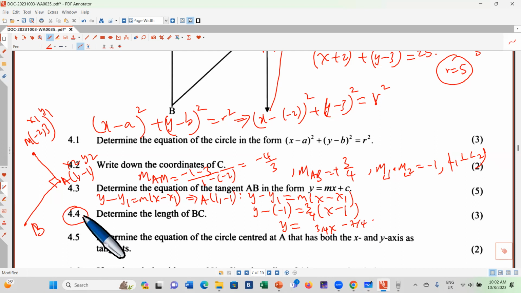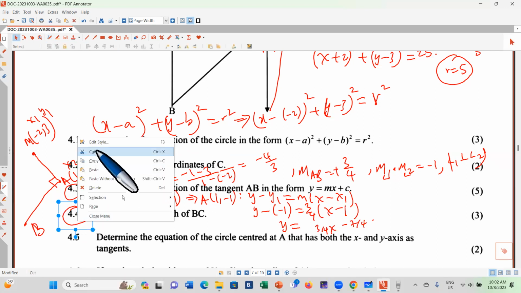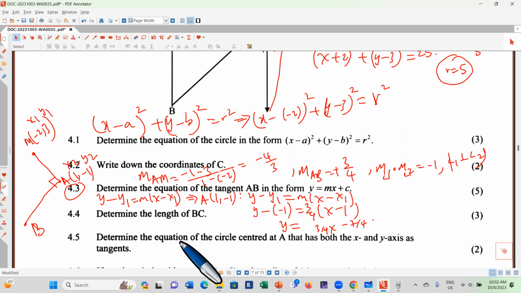So that is 4.4. Okay, next thing. That is 4.3, excuse me. It is 4.3 because we're just finding the equation of the tangent, in the form y equals mx plus c.